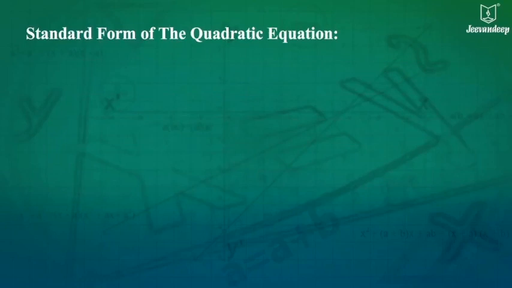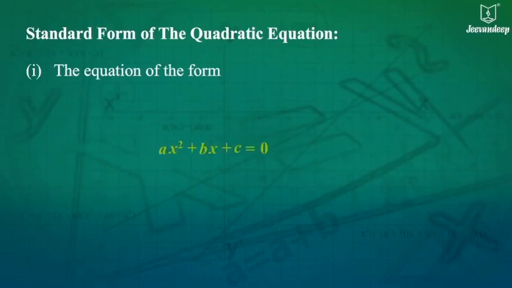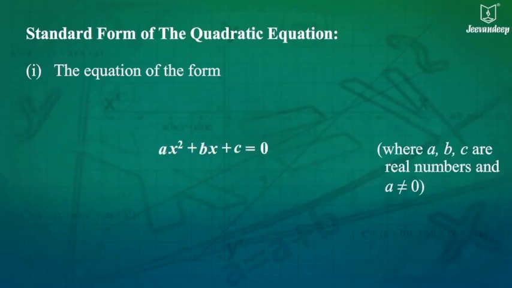Standard form of the quadratic equation. The equation of the form ax square plus bx plus c equals 0, where a, b, c are real numbers and a does not equal 0 and x is a variable, is called a quadratic equation.